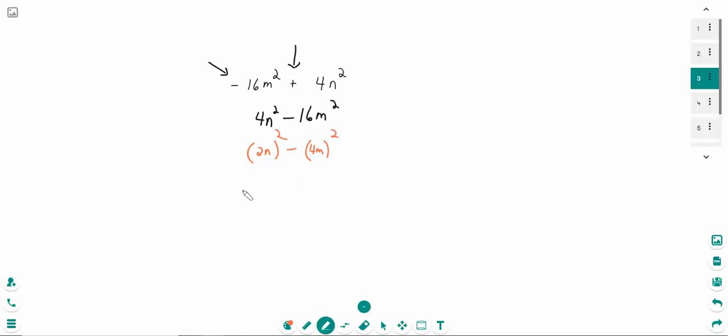All right, so now I'm ready to do my factoring. This is going to be my first term for both of these binomials. This is going to be my second term for both of these binomials. I have a plus and I have a minus. And we're done. Okay? Pretty straightforward.